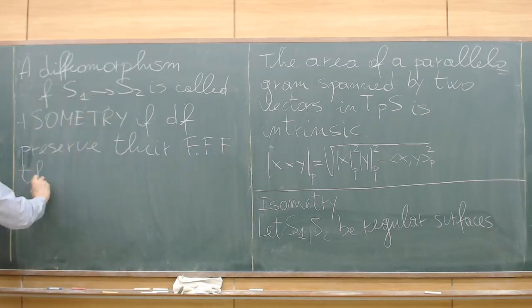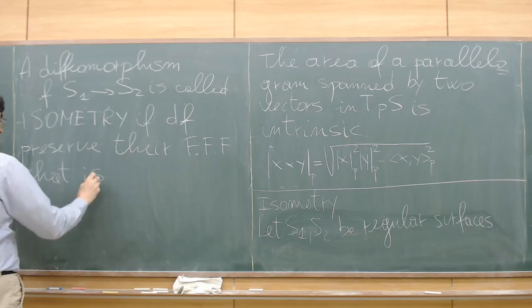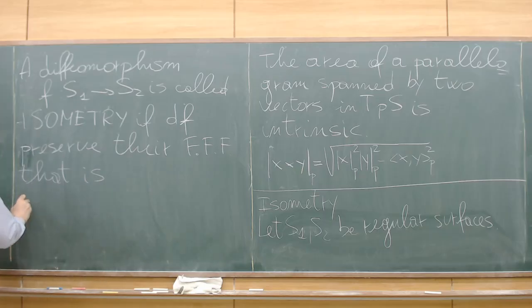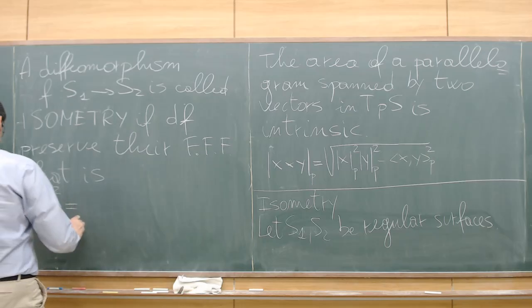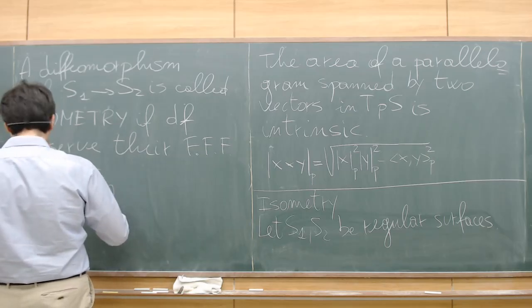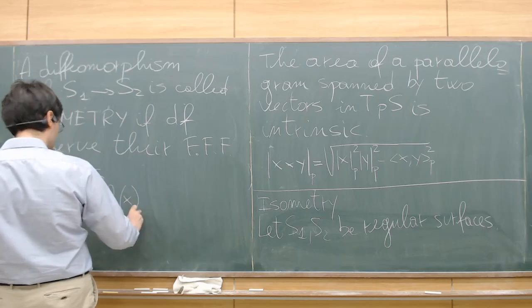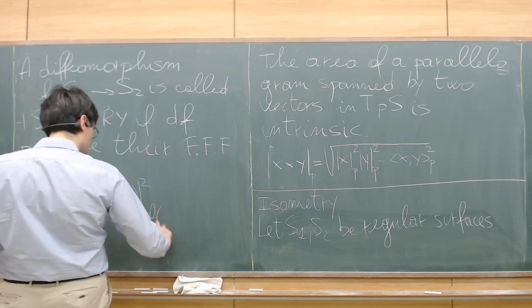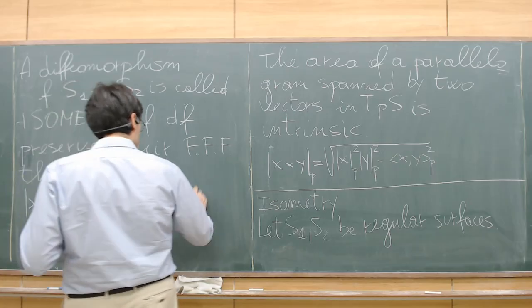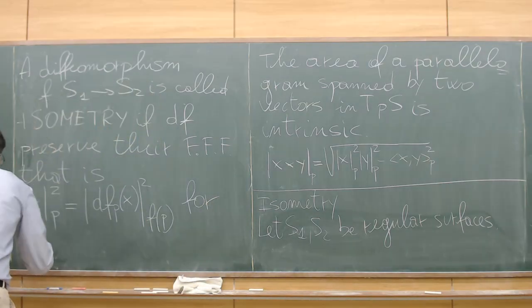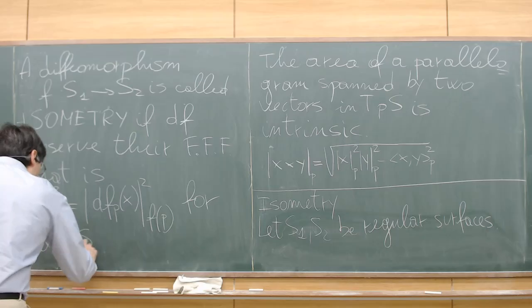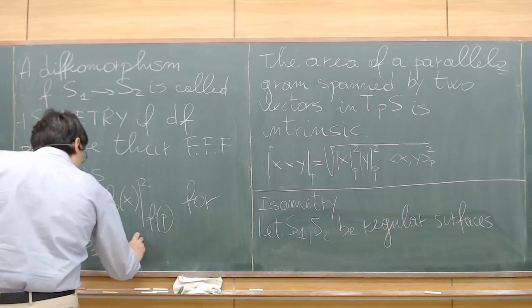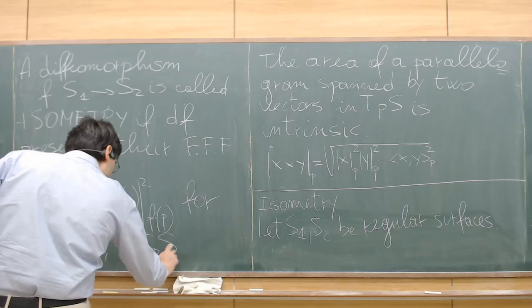That is, I have this identity: the square of the norm of x restricted to TpS is equal to the square norm of dFp evaluated at x, for all p in S1 and x in TpS1.